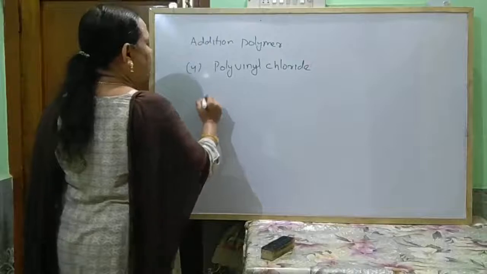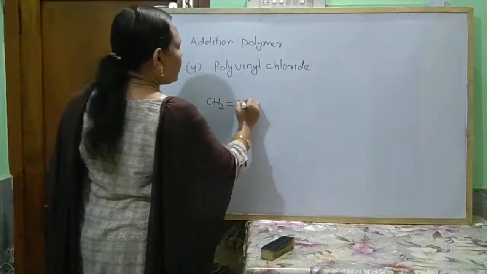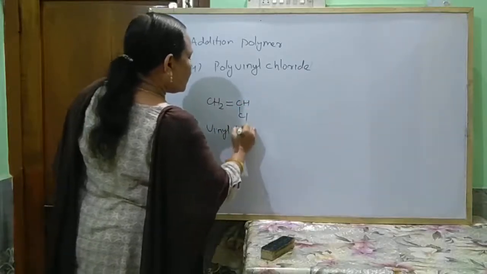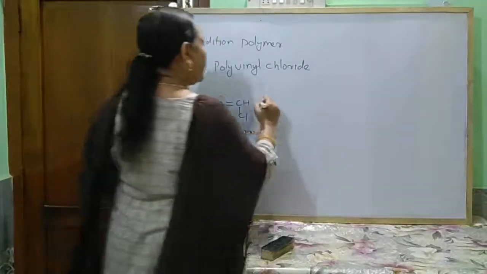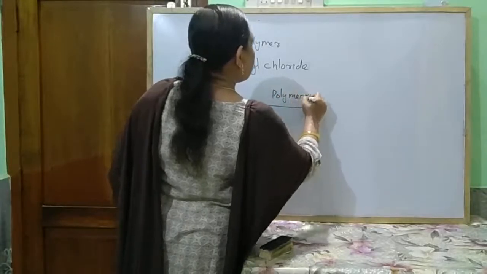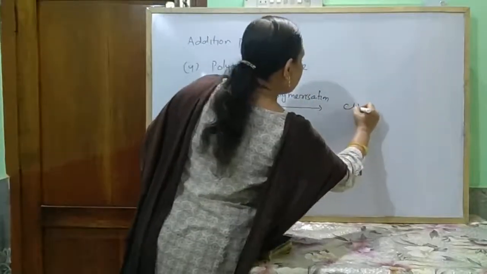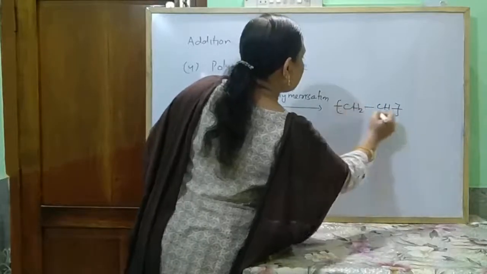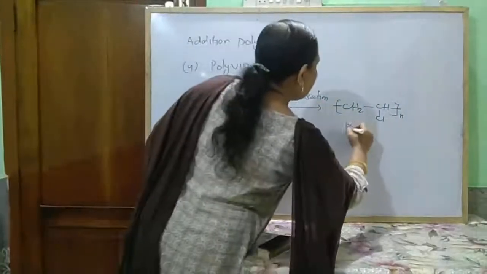The monomer is vinyl chloride, CH2=CHCl. It undergoes polymerization to form polyvinyl chloride.